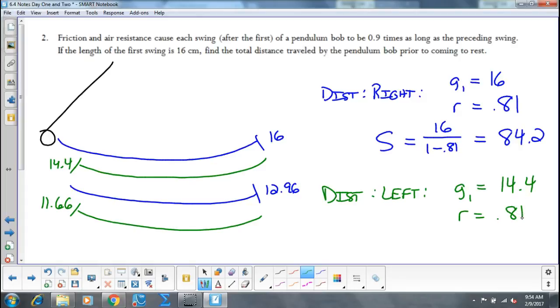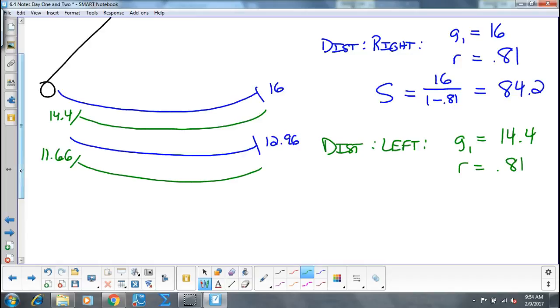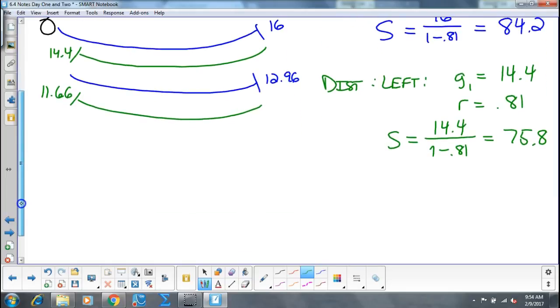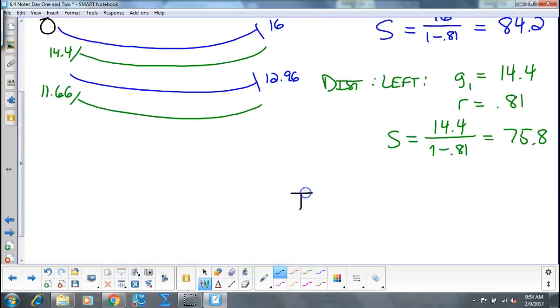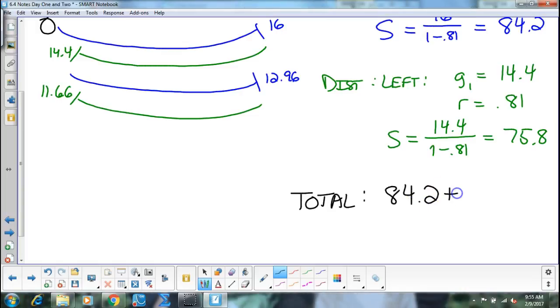So what's that one? 75.8. Yes. Okay. So my total distance is going to be left plus right, which is 84.2 plus 75.8, 160.